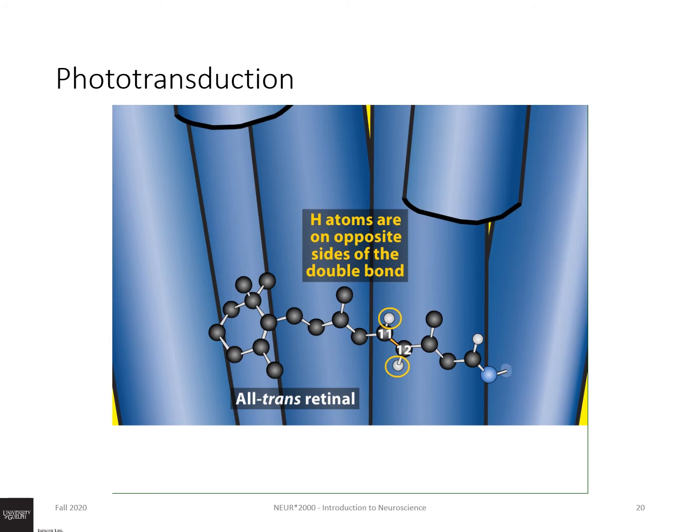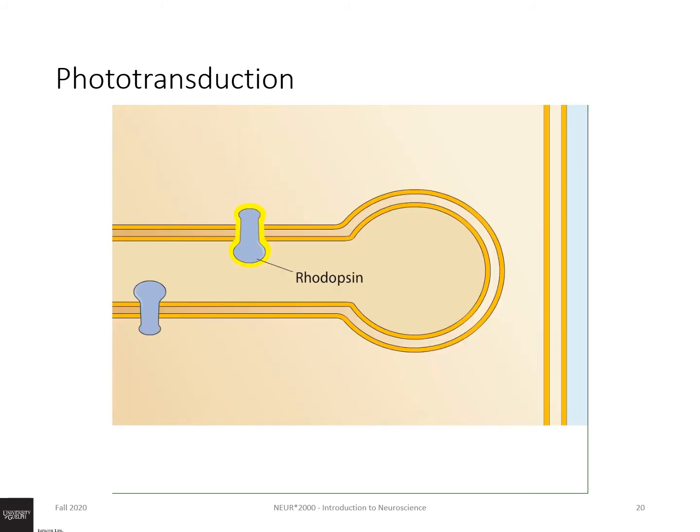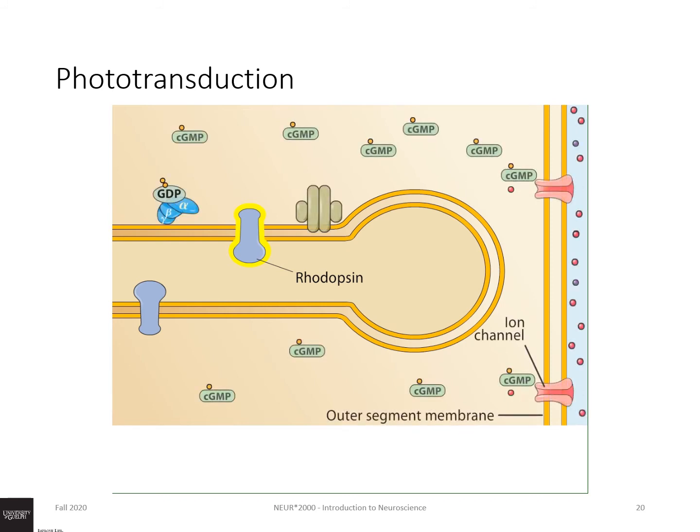The changes in rhodopsin lead to a cascade of events in the cell. The next component in the cascade is a trimeric G protein called transducin, which in its inactive state is bound to GDP. The altered rhodopsin molecule activates transducin, allowing it to exchange its GDP for GTP. The alpha subunit of transducin then activates a phosphodiesterase in the disc membrane.